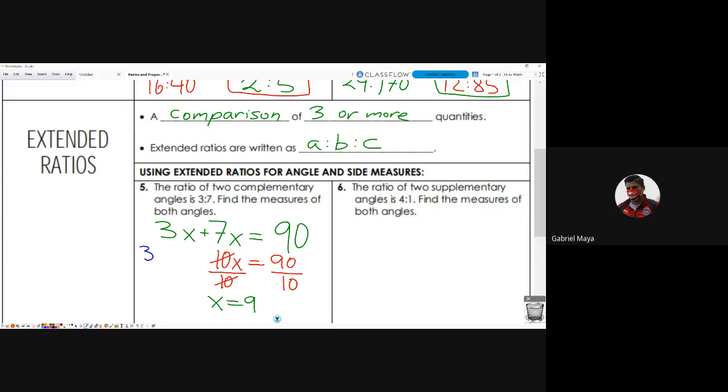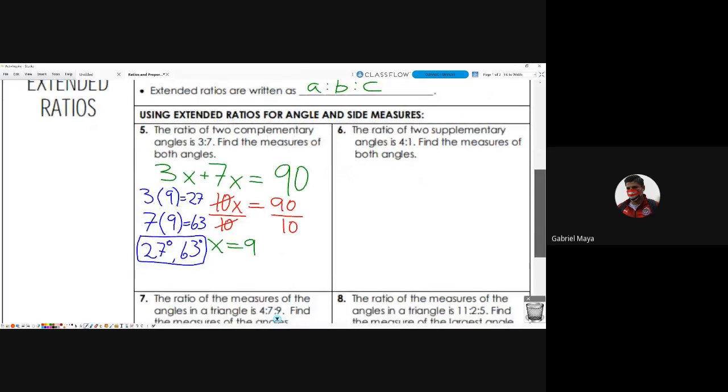Our angles measure 3x and 7x, and our x is 9, so our angles measure 27 degrees and 63 degrees. Okay. Now let's try number 6.